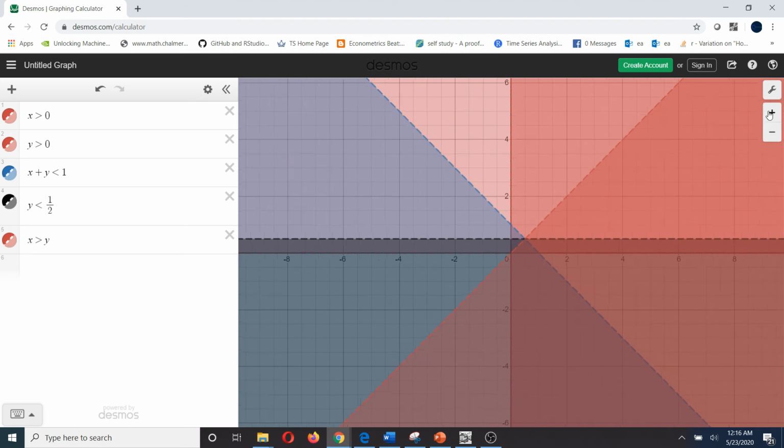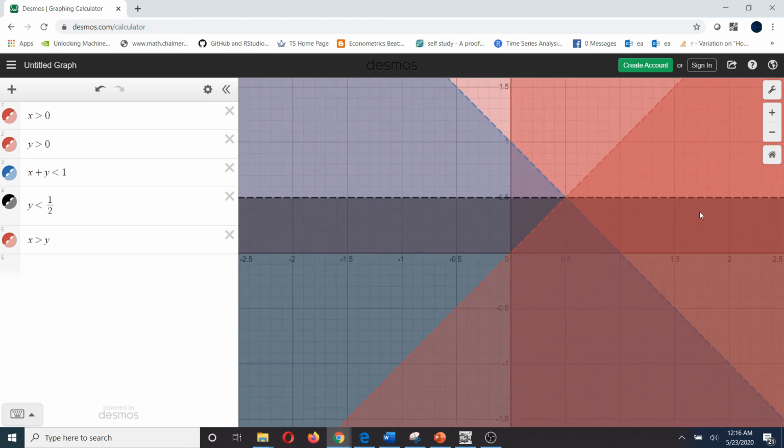If I enlarge this, you can see that this triangle is symmetric about this x equals 1/2 line. So since this triangle is symmetric about this x equals 1/2 line, what I am going to do is integrate this area, and then multiply it by 2 in order to get the total area.